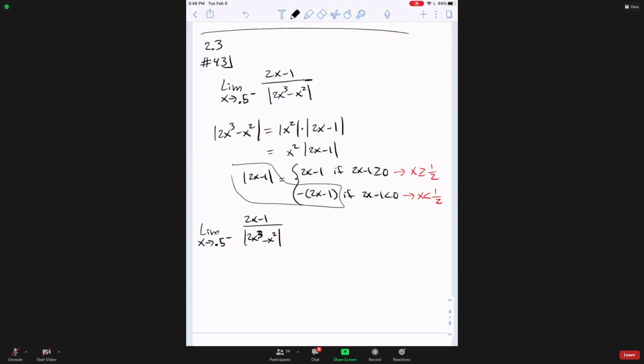So this is equal to the limit as x approaches 0.5 from the left side of 2x minus 1 over, well, first of all, I'm going to factor it, so it's x squared times the absolute value of 2x minus 1.